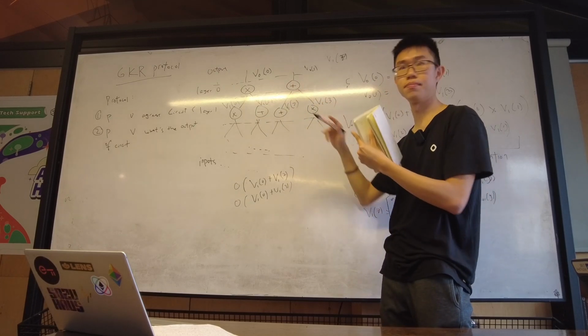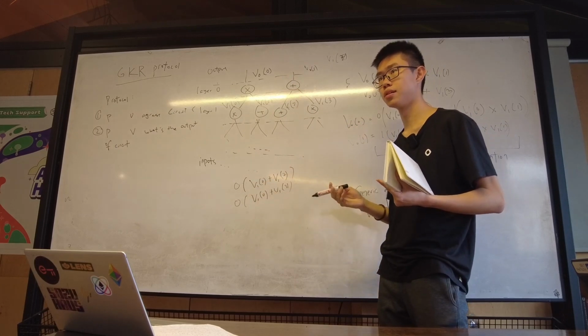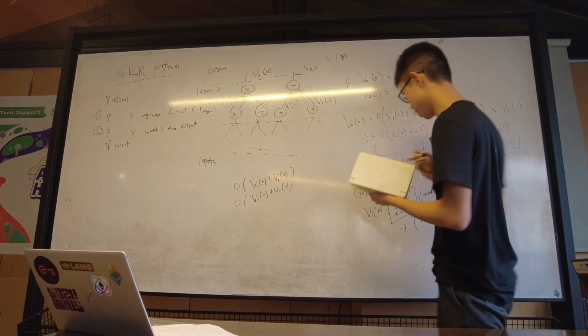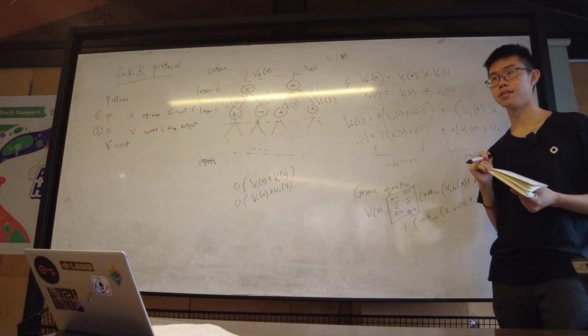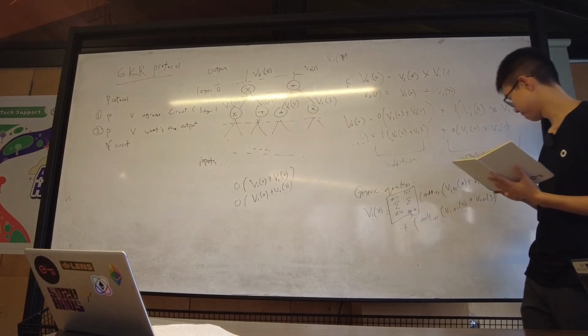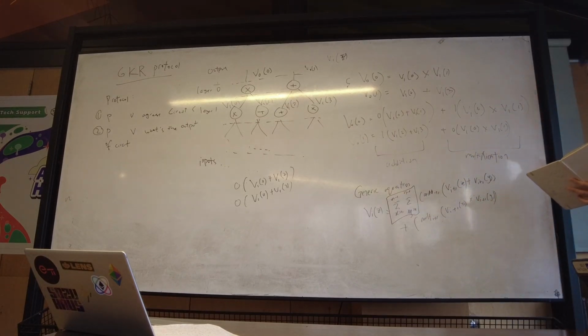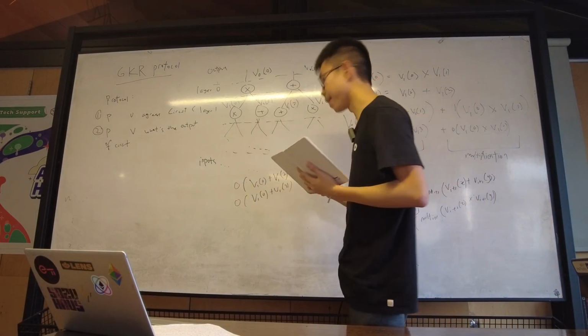If they are not connected by a wire in the circuit, then it will be assigned a 0 to form this generic equation. Does that make sense? Why are there two sum signs? You mean this sum? Yeah, there are two. One for left and the other for right.